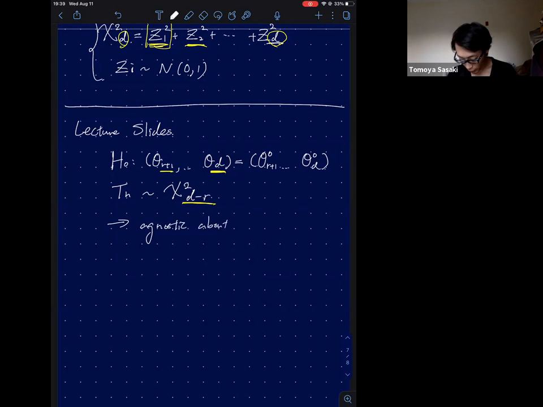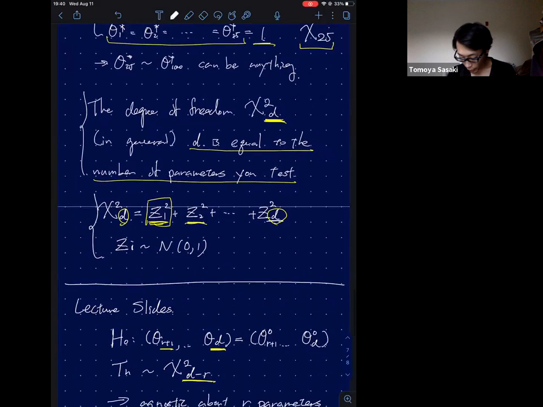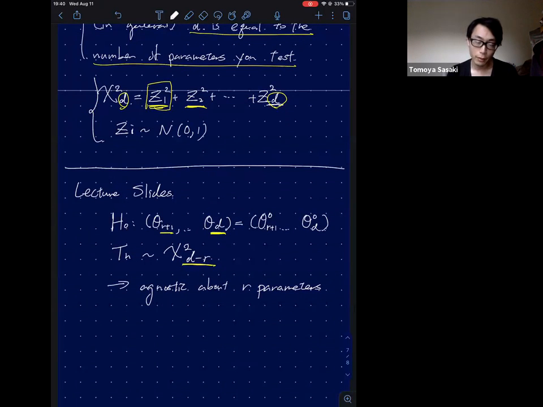We're only interested in these d minus alpha parameters, and that's going to be the degrees of freedom we use for this particular hypothesis.